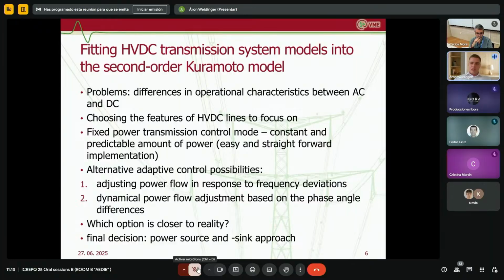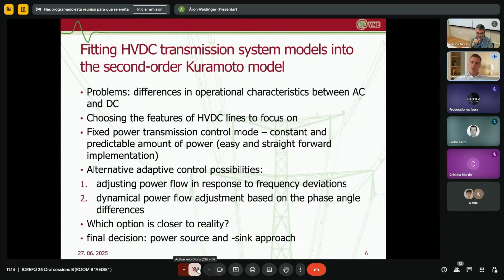Integrating HVDC behavior into the Kuramoto model is not easy. AC and DC systems operate under very different principles. So we had to decide what aspects of HVDC we want to focus on. One option was to model fixed power transfer, which is predictable and constant.